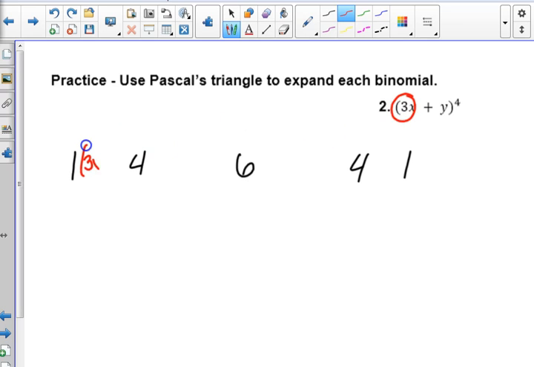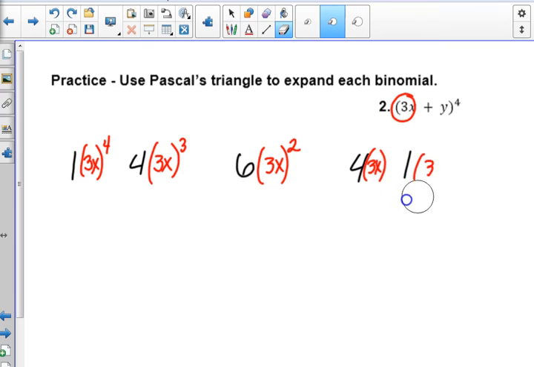So this is going to be 3x 4 times. And this one's going to be multiplied by 3x 3 times. Well, this is more realistic. They don't always have just a coefficient of 1. 3x twice, 3x once, and no 3x's, right?